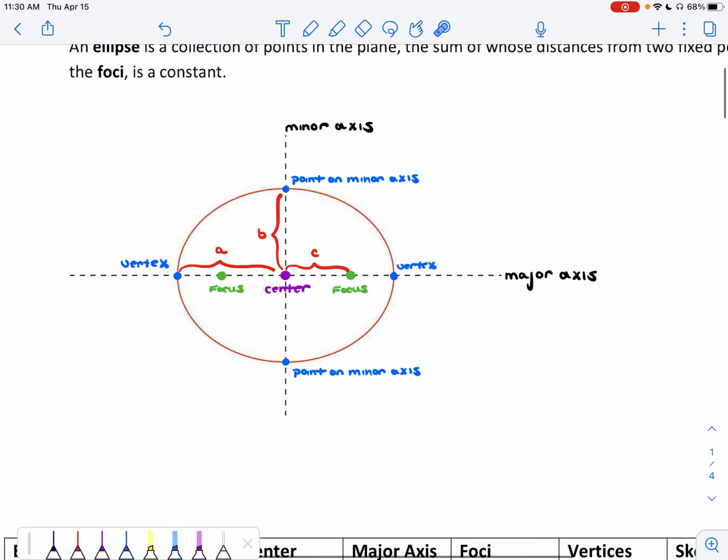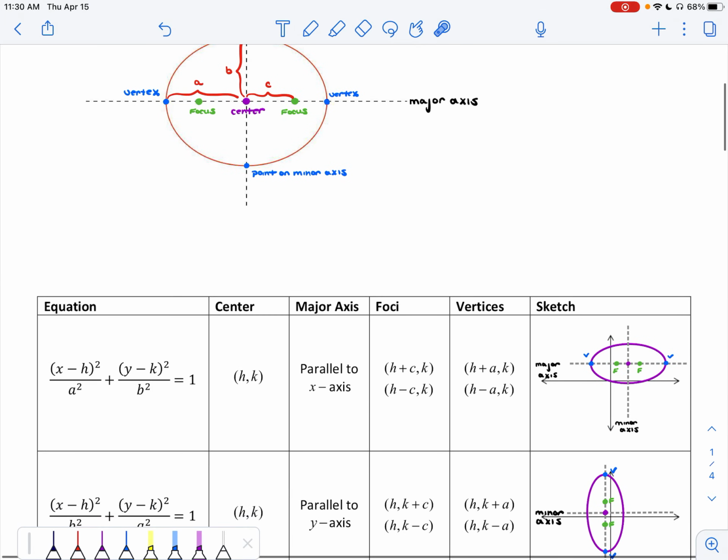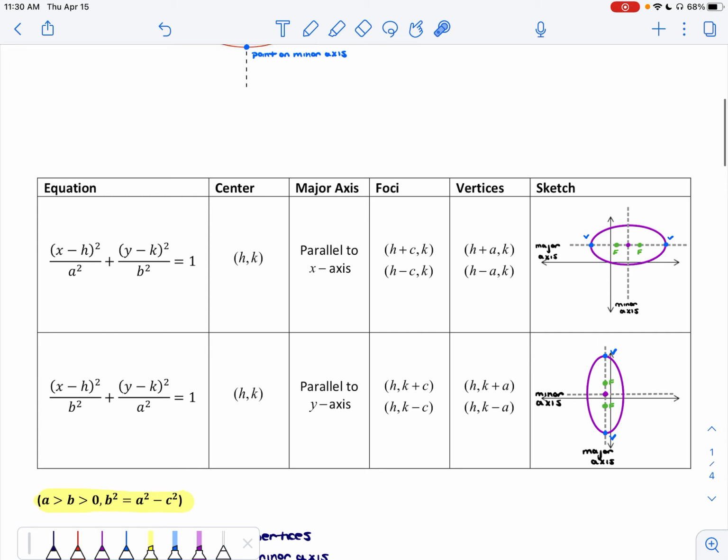Okay, so if we then look at our equations here, basically we have two different equations for an ellipse. So notice on these, they kind of look like the equation of the circle. The main difference is instead of having equal to an r squared value, we have our x minus h squared over a squared, y minus k squared over b squared, where a and b are going to be different numbers.